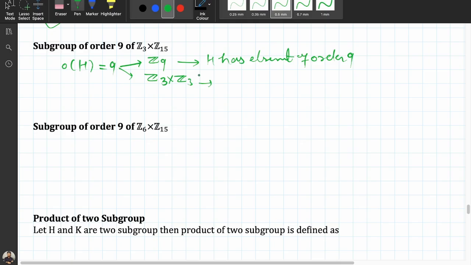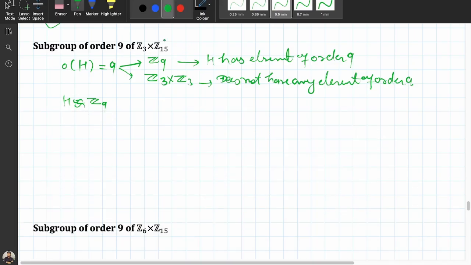It does not have any element of order 9, which means it does not have such a subgroup. So it is simply Z9. So if it is Z9, then my H is equivalent to Z9, not equal, equivalent to Z9. Then Z3 cross Z15 should have an element of order 9. Does it have one or not?